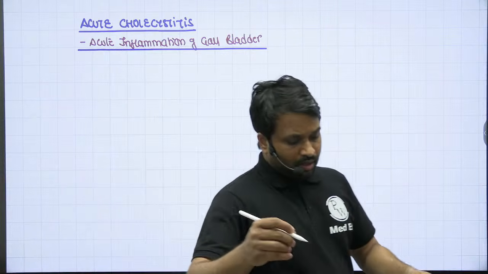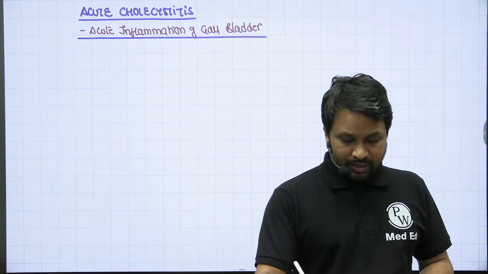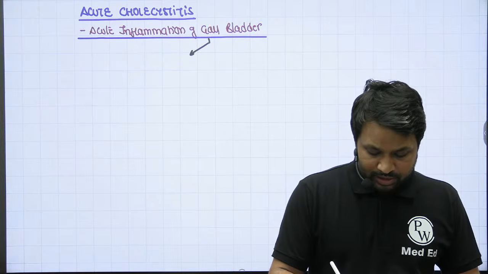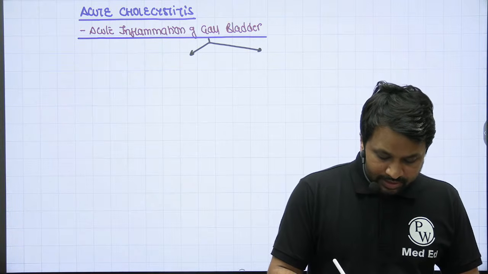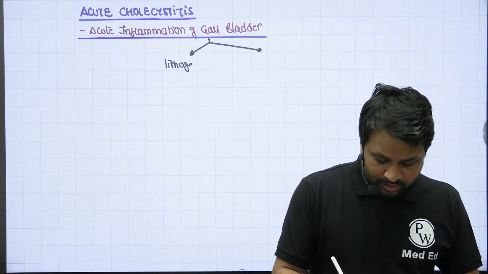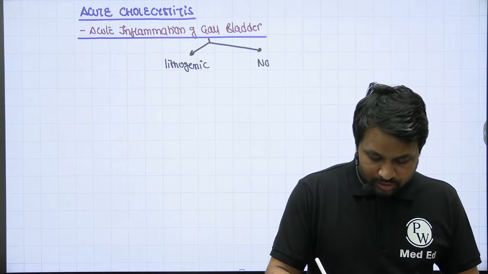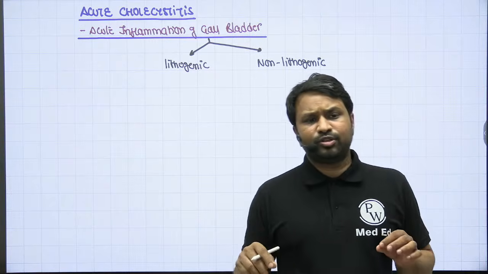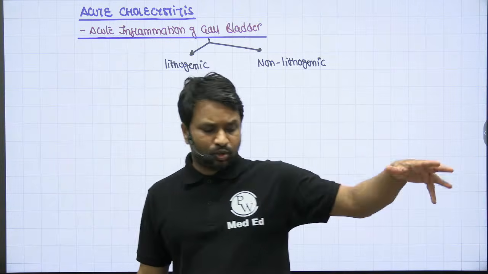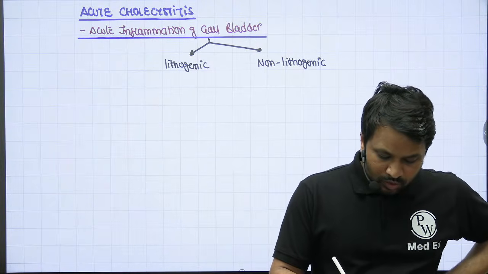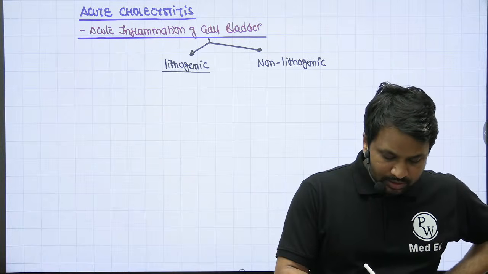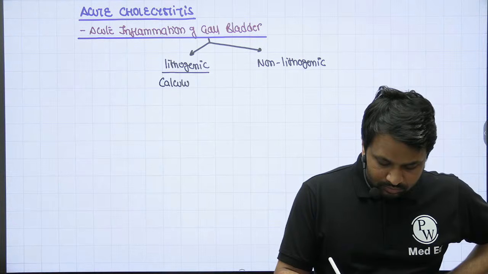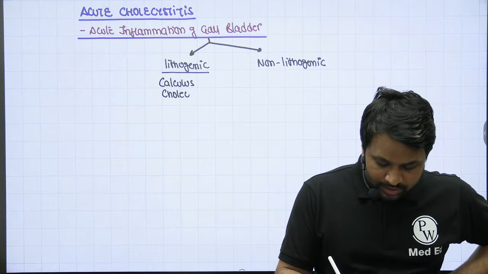Now, you need to understand that when you talk about acute inflammation of the gallbladder, that is acute cholecystitis, it can be lithogenic and non-lithogenic. Where the inflammation of the gallbladder is secondary to stone, we call it lithogenic cholecystitis, also called calculus cholecystitis.